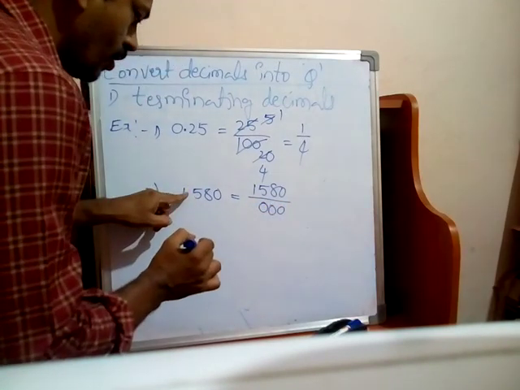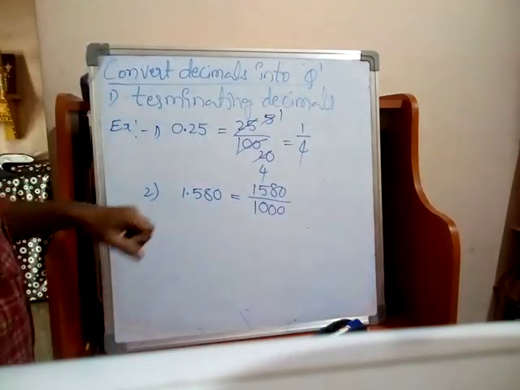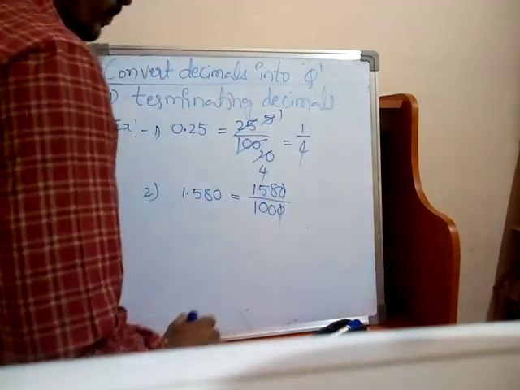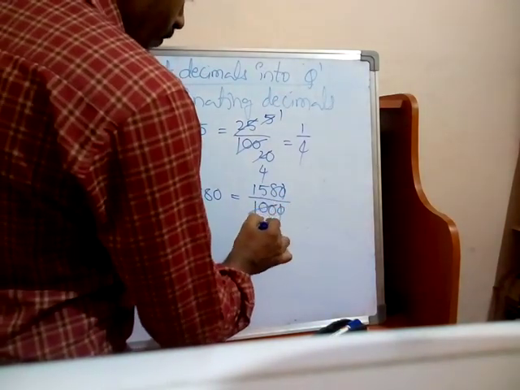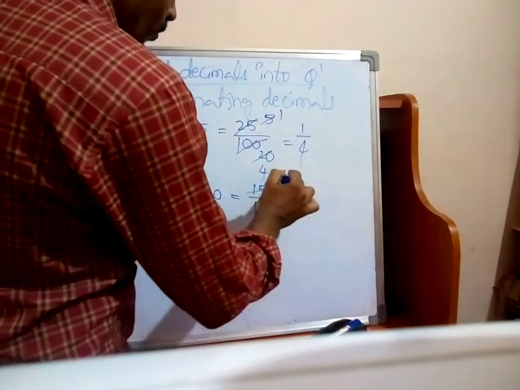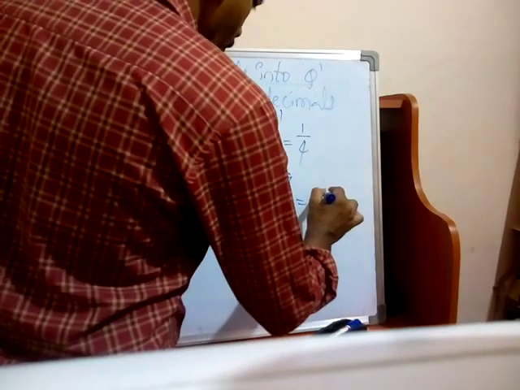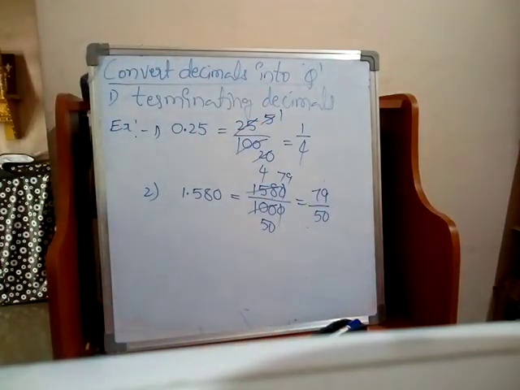If you remove the decimal point, in that one taken as 1. So here 0 0 cancel. Okay. So 2 table, how many times? 50 times. So 2 table, 2 7s 14, 2 9s 18. So 79 by 50. This is the standard form of this rational number, this decimal.